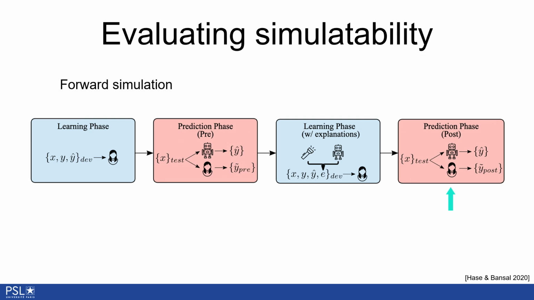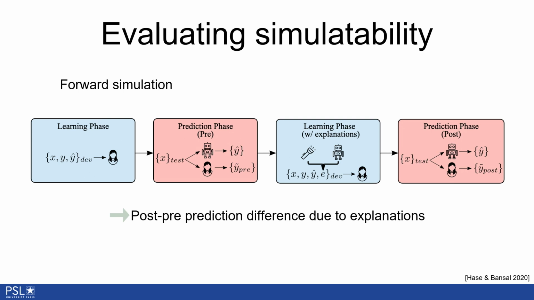After this new learning phase, in the final phase, the subjects were again tested on how well they could predict the output of the model. The final result of this procedure allows to quantify the impact of explanations by computing the difference in the accuracy of the subjects' predictions before and after they were provided with explanations.